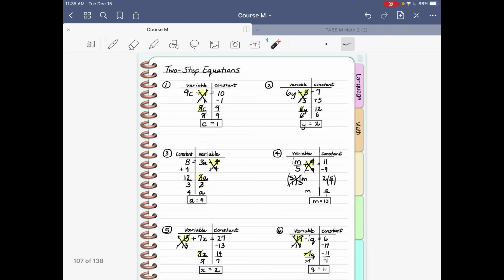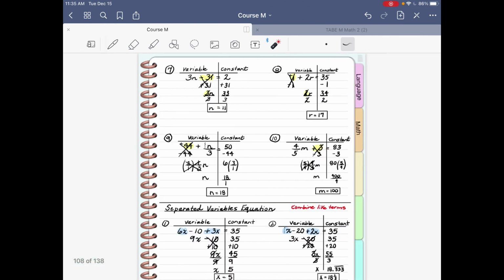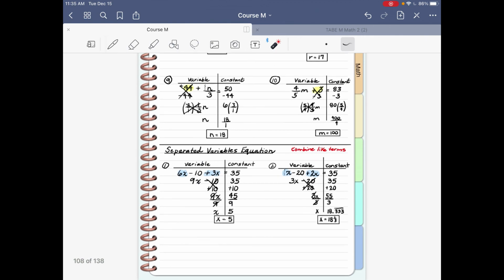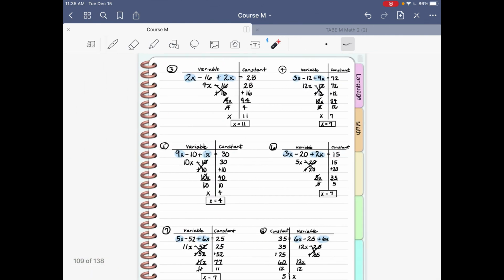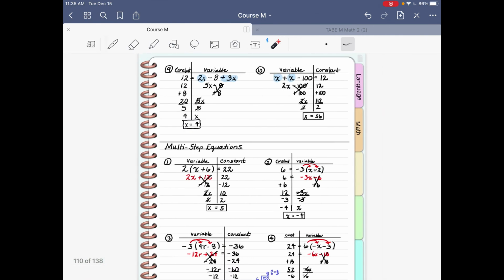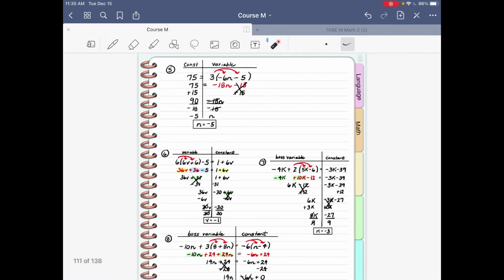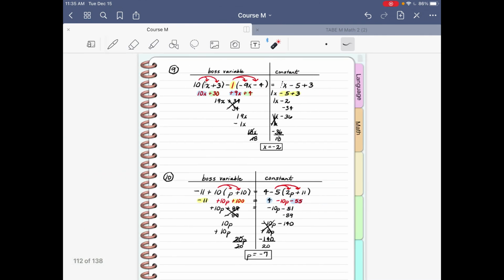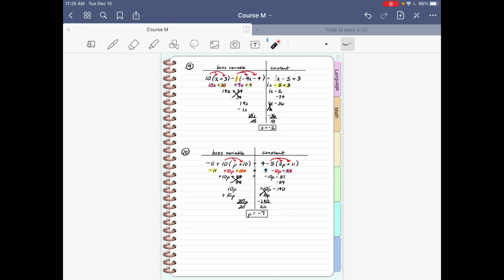And then we went into two-step equations and separated variables equations and multi-step equations. And that's where we have finally ended up. You have come a long, long way, and you should be very proud of that.